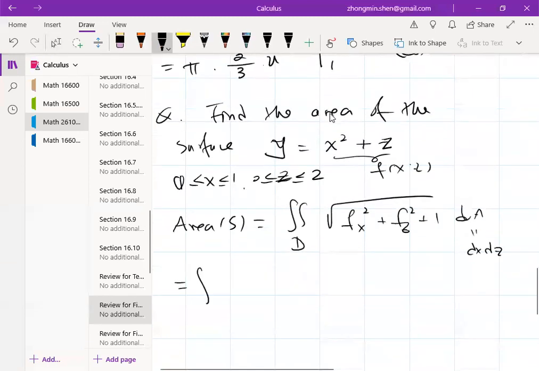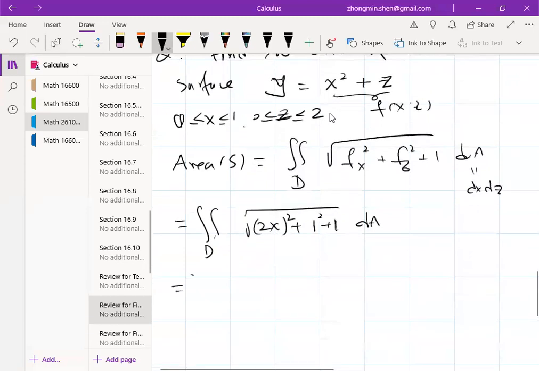So then here it's going to be 2x squared, and that is 1 squared plus 1, so dA. Here it's hard.